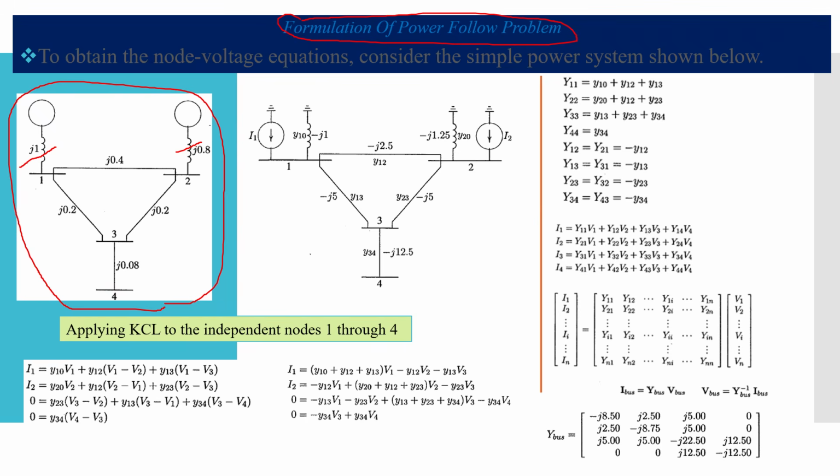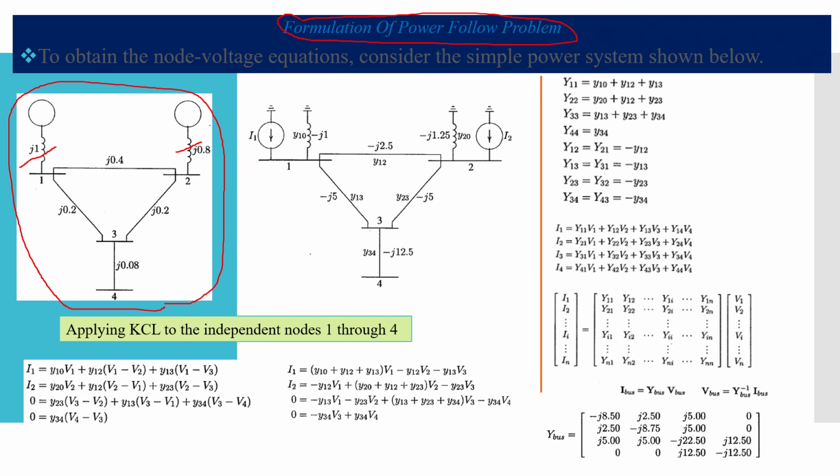For example, for generator 1, we have 1 ohm impedance. So when we take the inverse of this, it becomes minus 1J, which is the admittance between bus 1 to the ground. Whereas we have current source I1, which has a magnitude of E1 divided by this reactance.